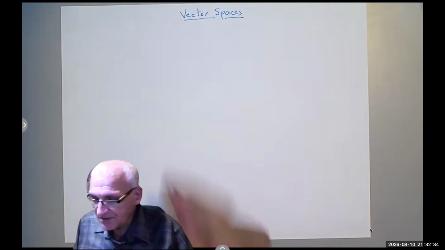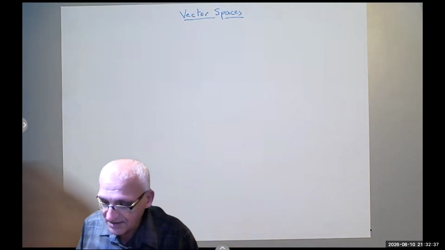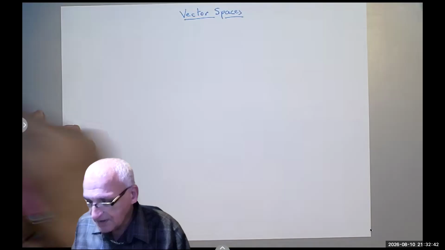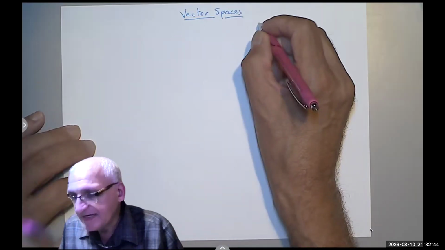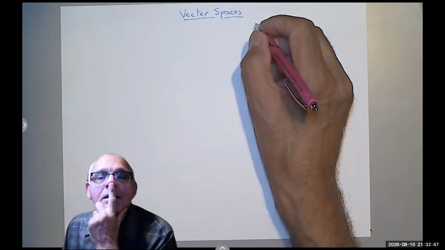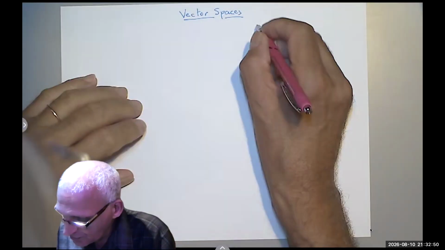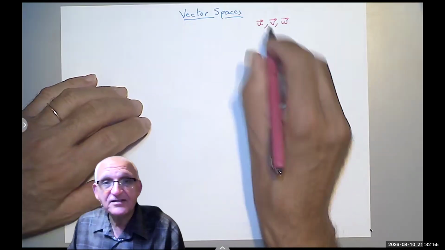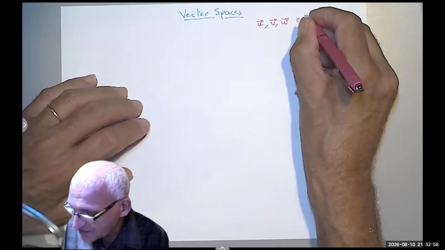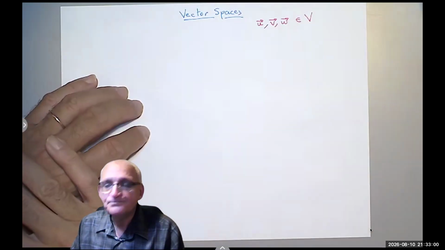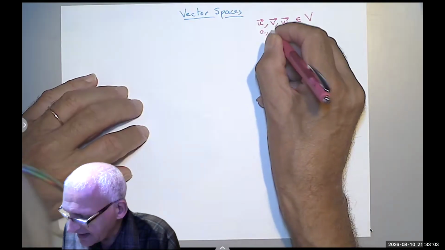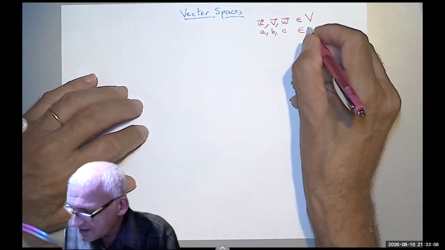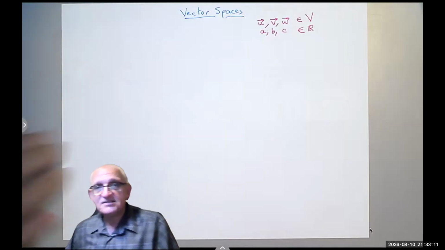So if we start with the additive ones, the first one, which is very important. Throughout this, we are going to say that if I use u, v, or w, these are vectors and they belong to a vector space I'm going to call V. And if we are going to use letters like A, B, and C, these are real numbers, so they belong to the real class.